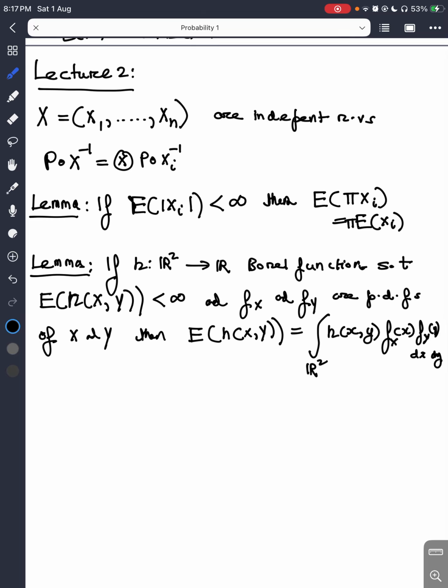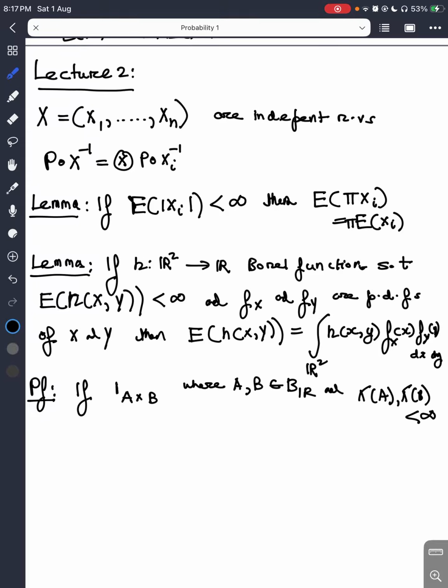Okay, the proof is simple. It is enough to prove it for simple functions, and then we'll extend it. I will just prove one statement in this proof: take one indicator 1_{A×B}, where A, B belong to Borel R, and lambda(A), lambda(B) are finite.